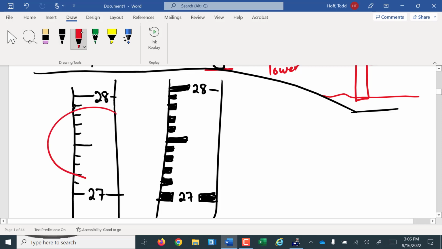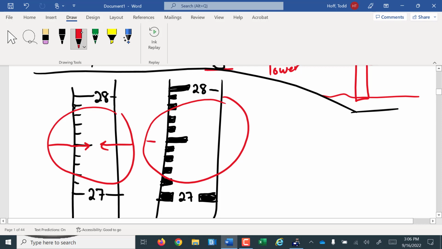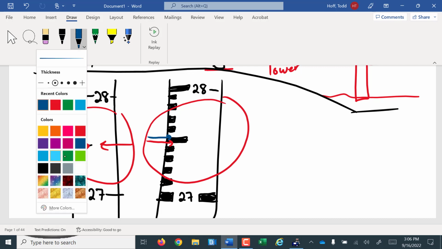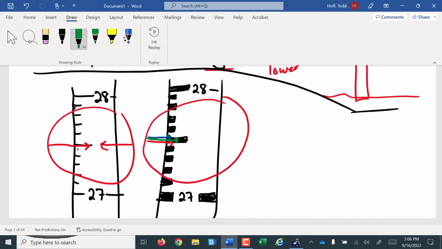So over here, if there's my scope, my line is sitting like this, that's reading 27.5, right? Because it's right on the line. But here, if I want it to be 27.5, is it here? Is it up here? Is it trying to be right in the middle? Well, trying to get something right in the middle is tough to do, isn't it? It's easier to put it on an edge.